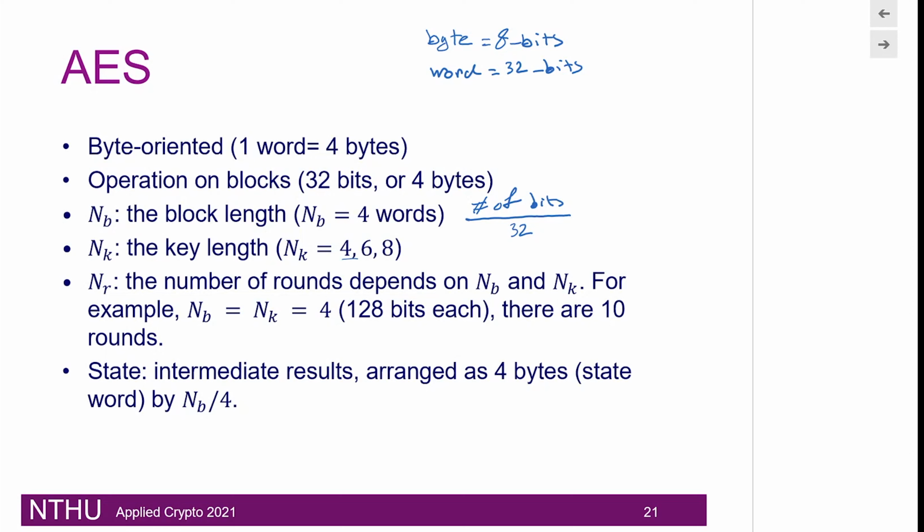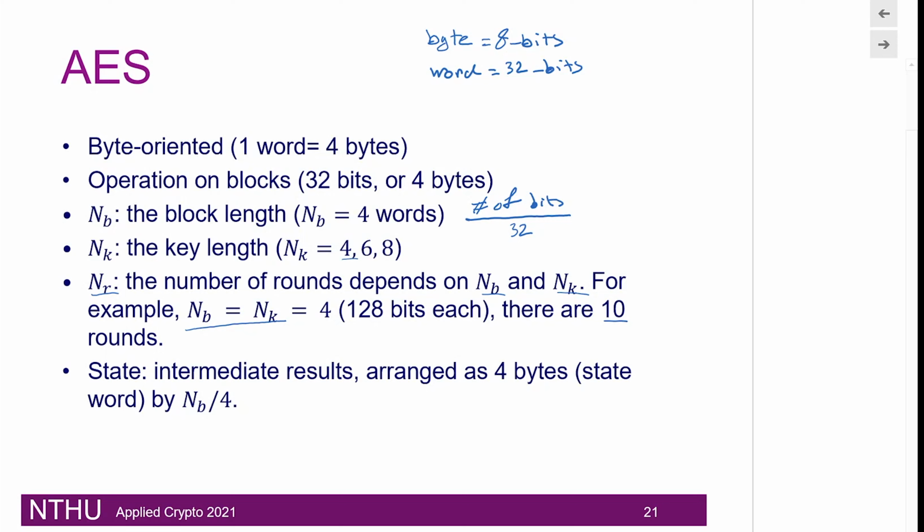As we said, the number of rounds is a function of the number of block words and the number of key words. In this lecture, we are only looking into the case where both are 4. Then we would have 10 rounds in total to do the encryption.